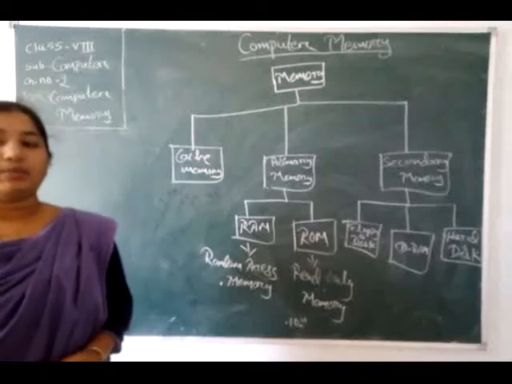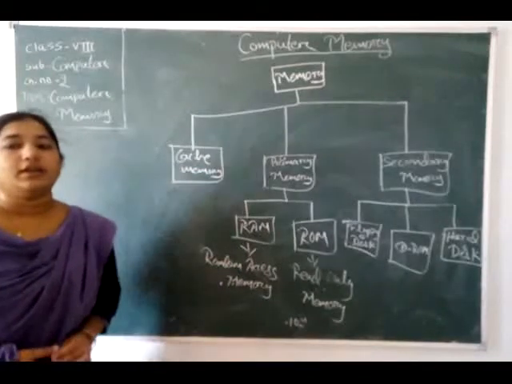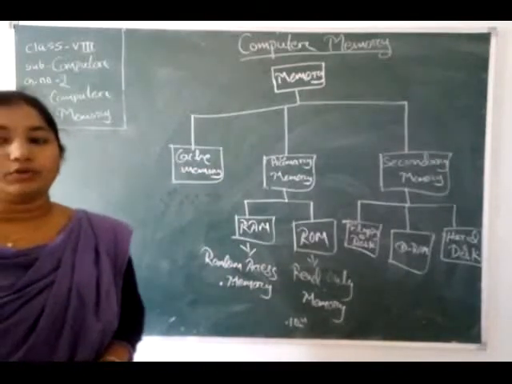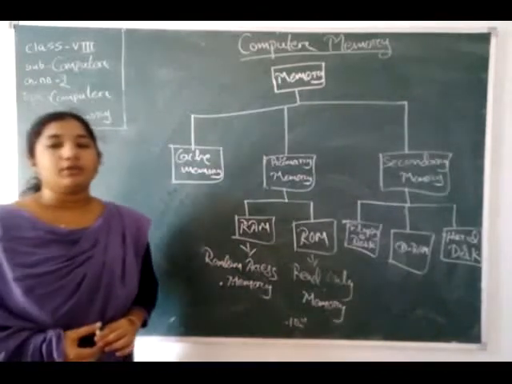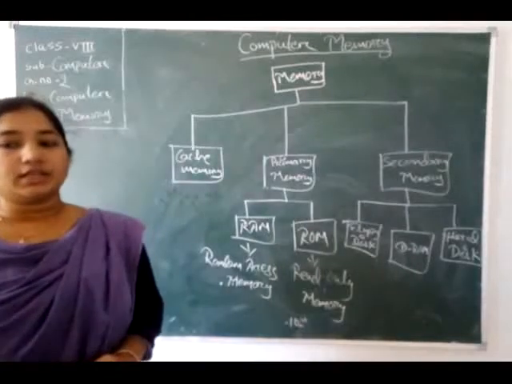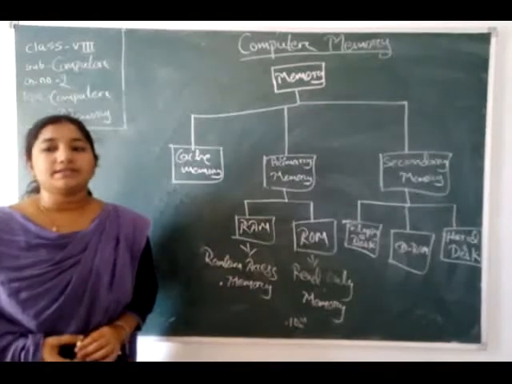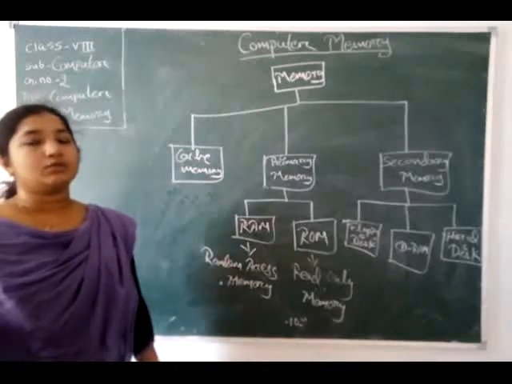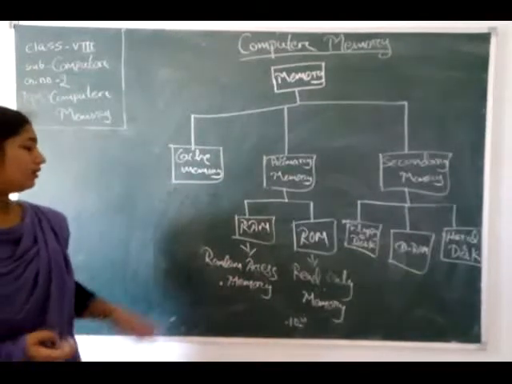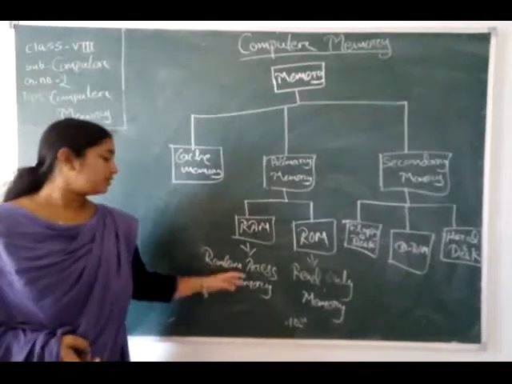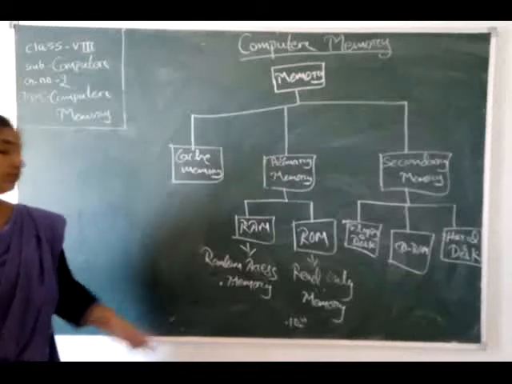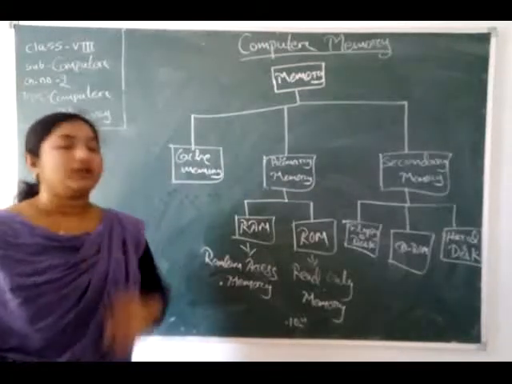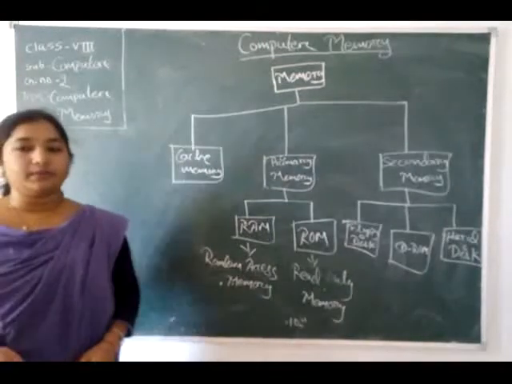So what is RAM and how does it work? It is a form of computer memory that can be accessed and changed in any order, basically used for working data and machine code. Since RAM stands for Random Access Memory, it can work randomly.